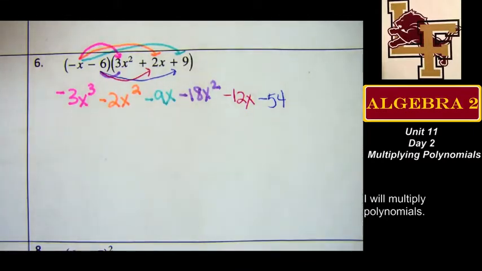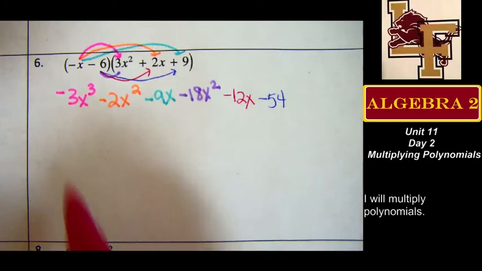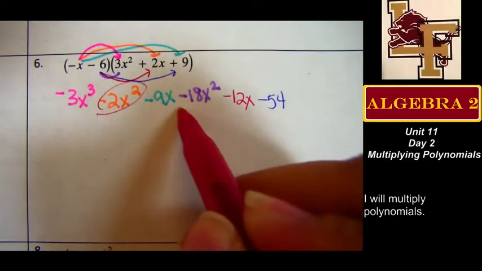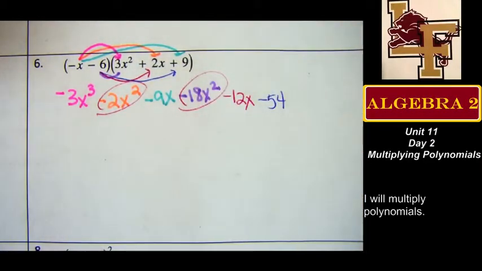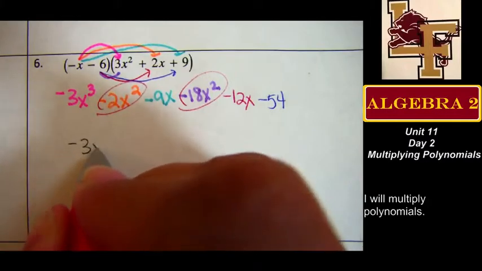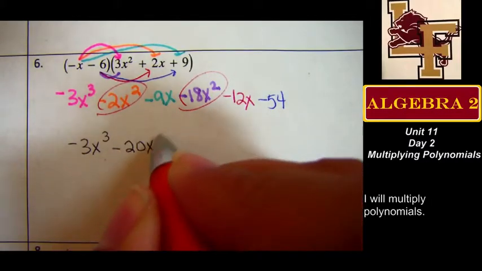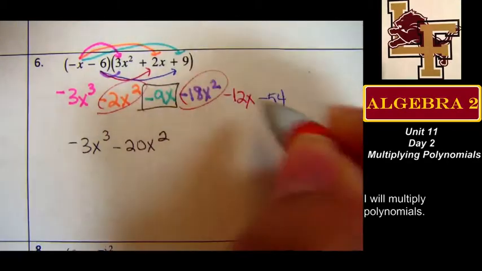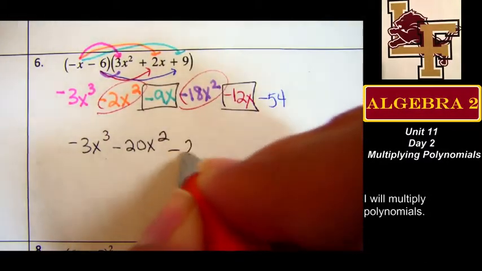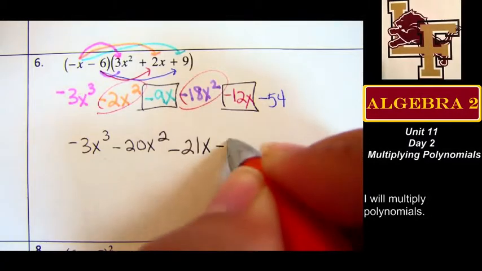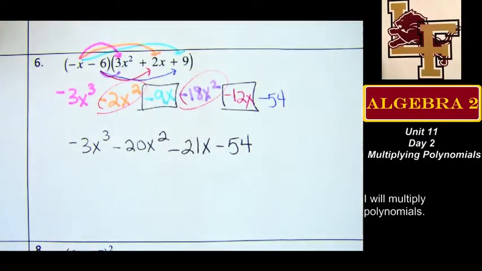Going to take a moment to look for like terms. And I'm going to rewrite it while combining like terms. No more like terms, nothing else I can multiply together. I'm done.